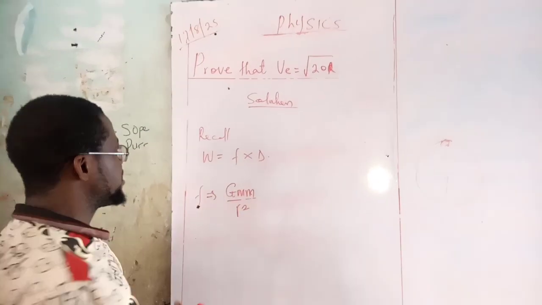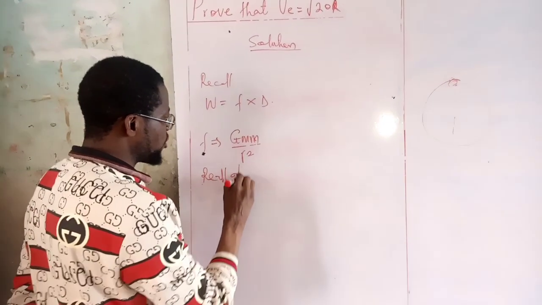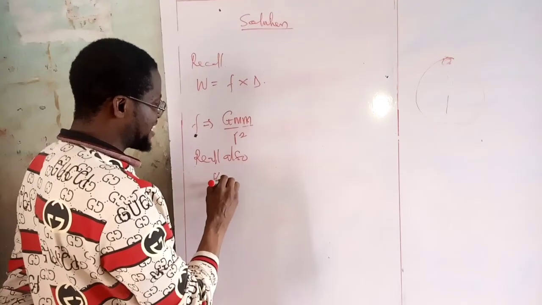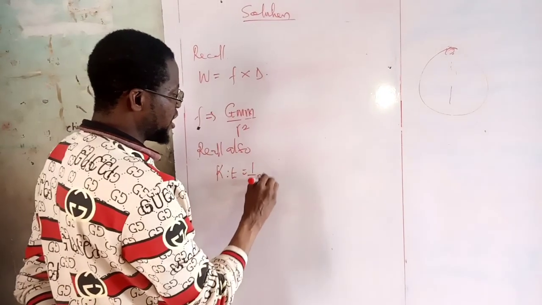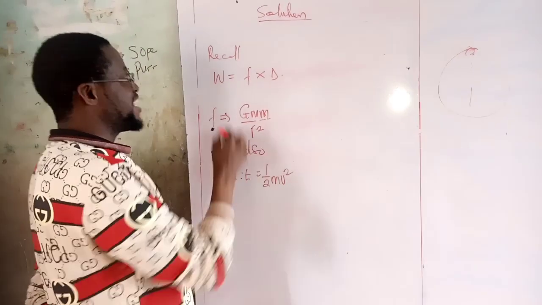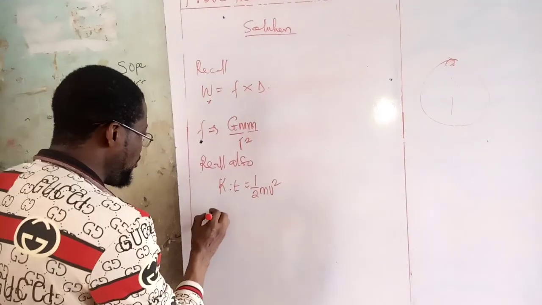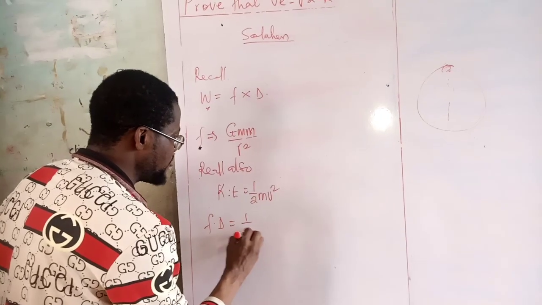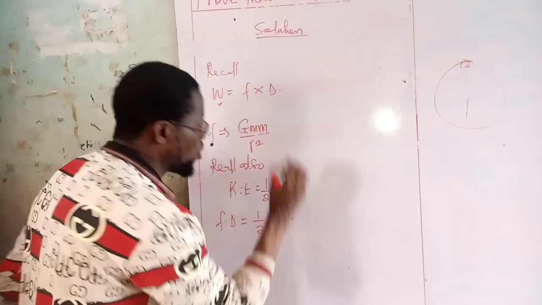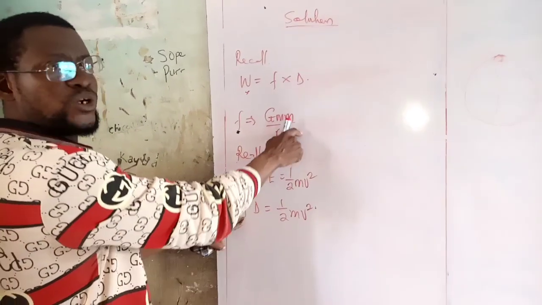Now we can also recall that kinetic energy is equal to half mv squared. Kinetic energy is the same thing as work done. So we can say force times distance equals half mv squared, and then replace your force with this.